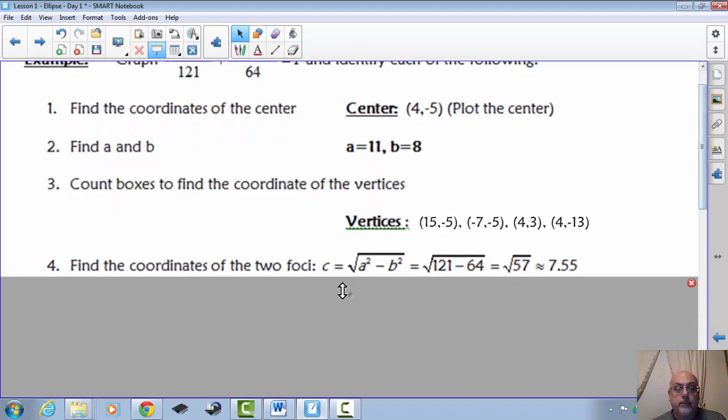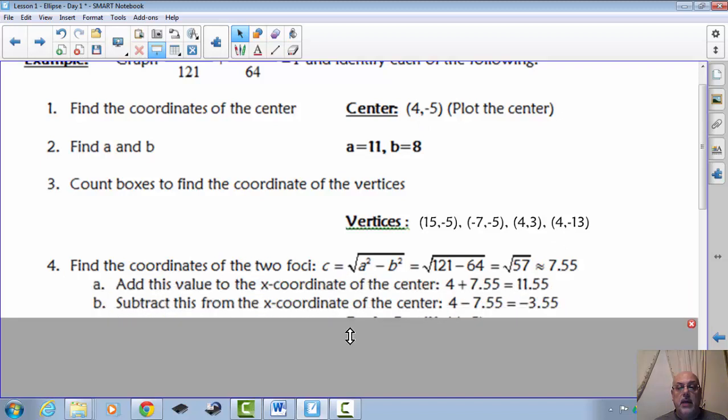So the two focus points have to lie on the major axis. So since this ellipse is going to be wide instead of tall, you start again at the center, and you count to the right about 7.5 boxes. Then you go back to the center, and you count to the left about 7.5 boxes. And what I did is I just showed this mathematically here.